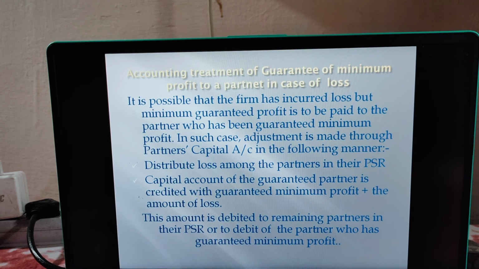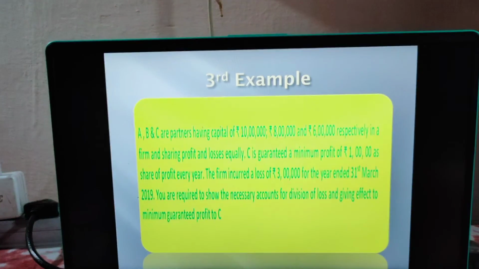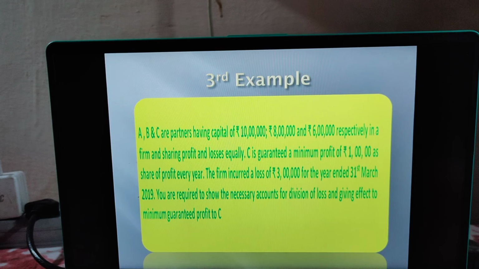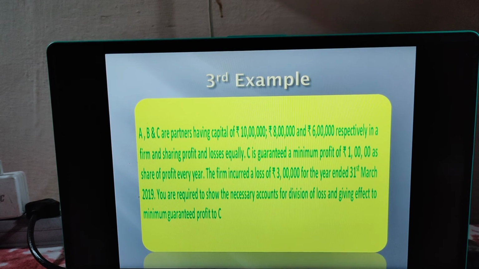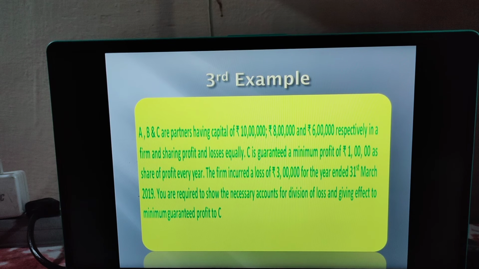See this point clearly? Okay, to make you understand this, I have one short example. Go through the example. Okay class, see the question.